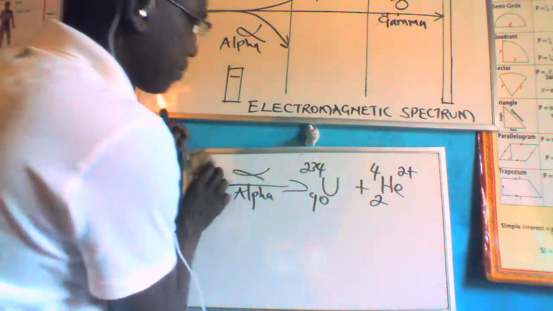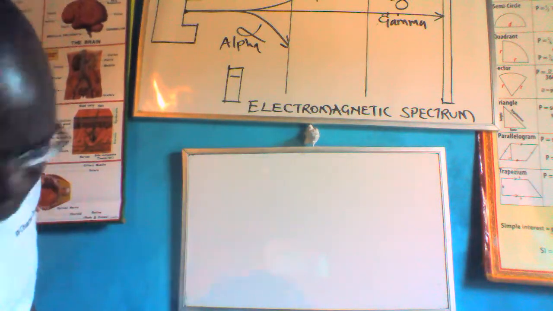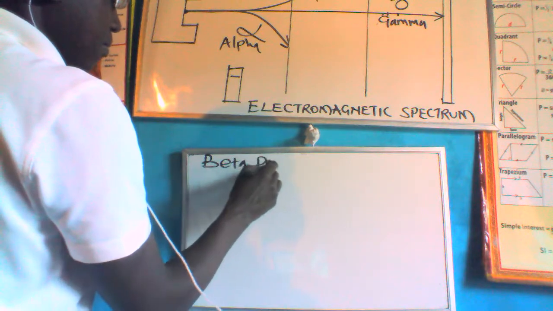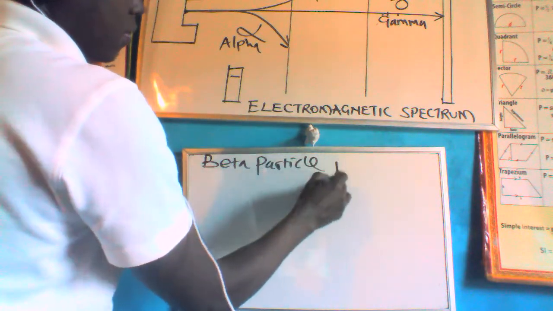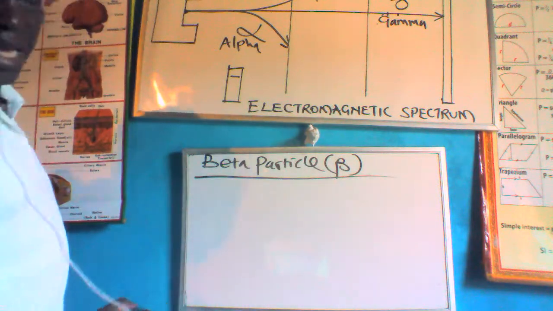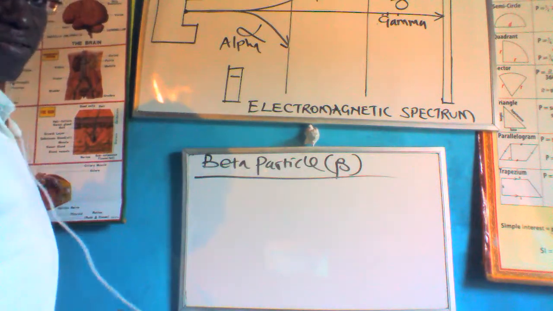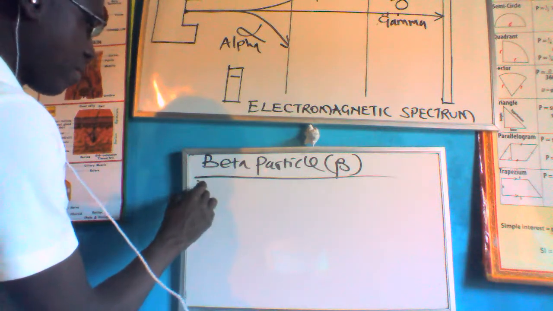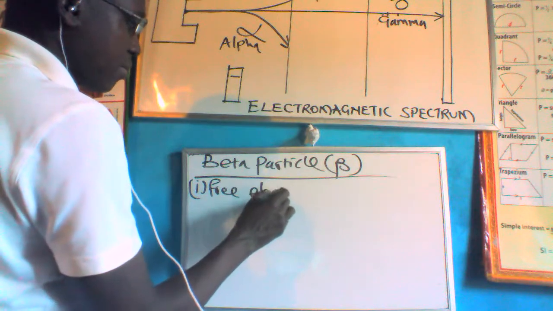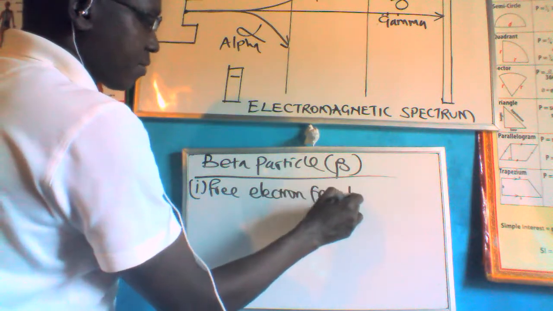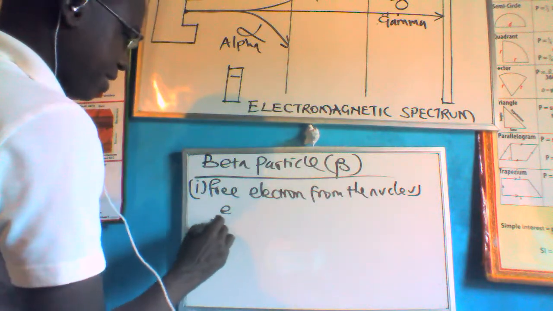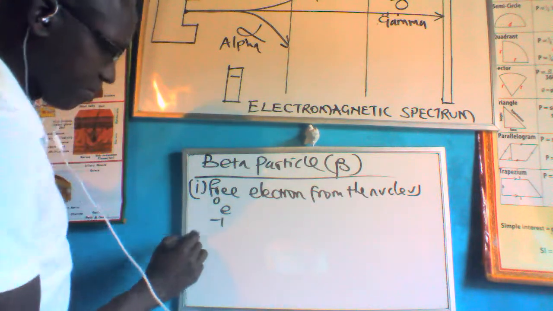Number 2, let's look at the beta particle. The beta particle, so represented, is a free moving electron from the nucleus of an atom. So number one, it is a free electron from the nucleus, and normally it's represented by that symbol.